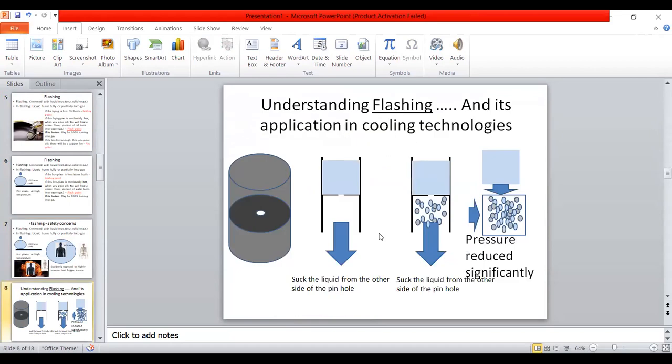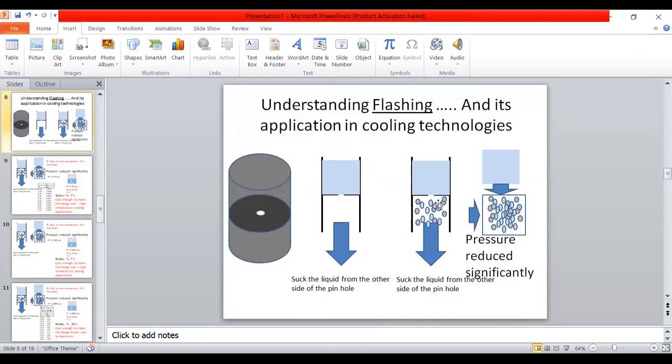Then comes the cooling technologies, liquid flashing. Pressure reduced. So sudden reduction of pressure just before passing the hole, high pressure. Once the other side passes through, very low pressure. Sudden pressure reduction you see here. But in capillaries it may be gradual, but pressure is reduced significantly.